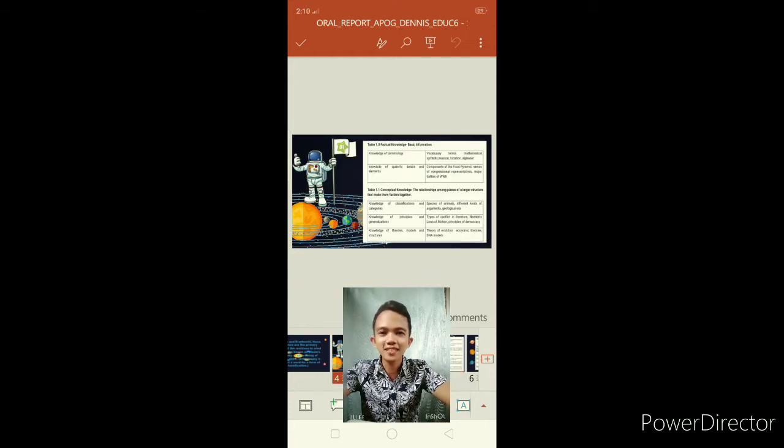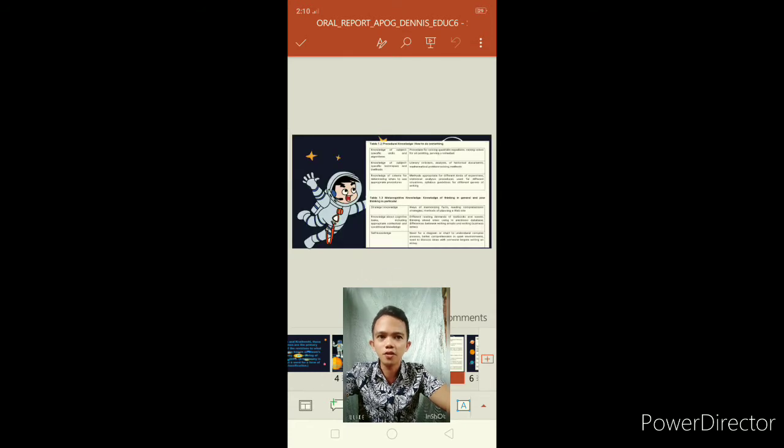Next up, under procedural knowledge, this is how to do something. We have here knowledge of subject-specific skills and algorithms. This includes procedures for solving quadratic equations, mixing colors for oil painting, and serving a volleyball. Another one is knowledge of subject-specific techniques and methods.